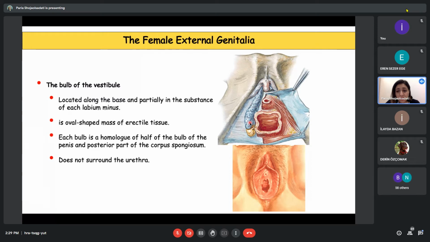It's embedded inside the labia, located along the base and partially subcutaneous to each labia minora and sometimes labia majora. Each bulb is homologous to half of the bulb of the penis.